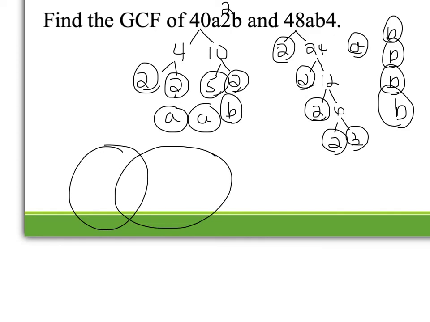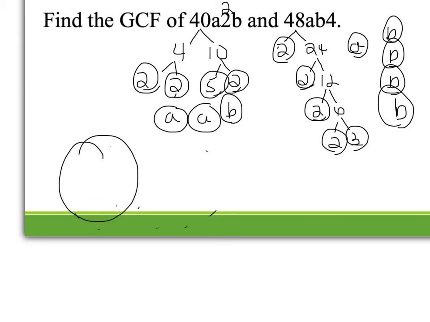Okay, actually let me erase this a little bit. I'm going to make the center a little bit bigger. Okay, so here is 40a squared b, and here is 48ab to the 4th.